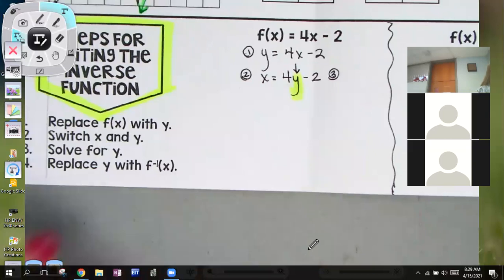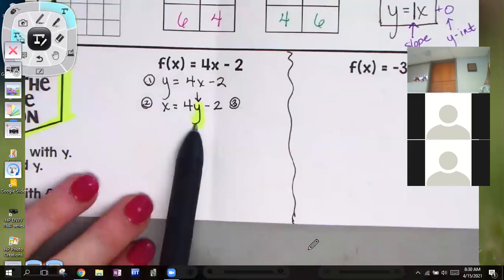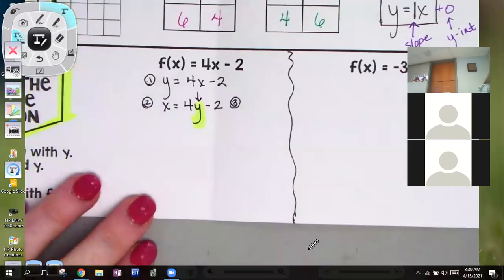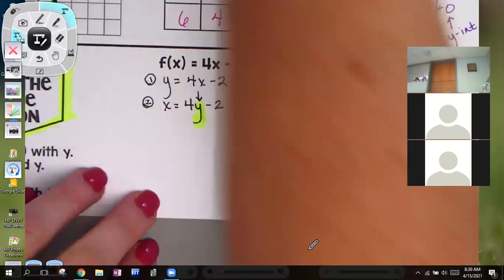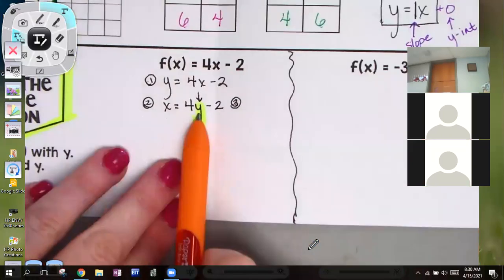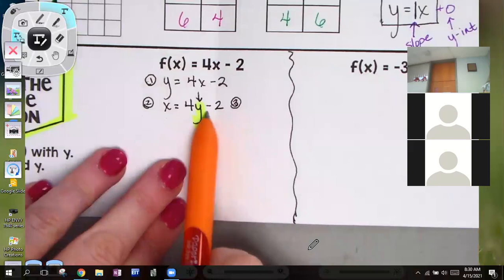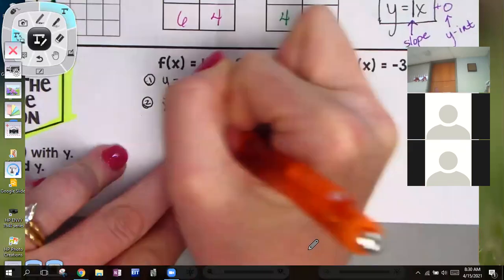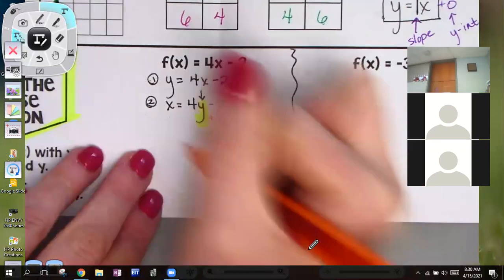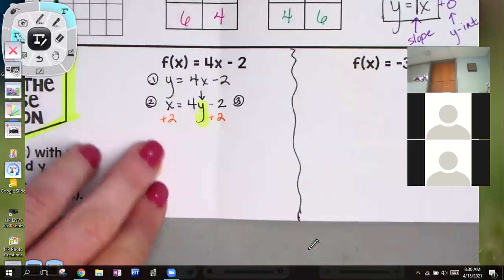In order to do that, you have to do the inverse. When I'm solving for y, I start with the term that is furthest away. Furthest away is minus 2. How do I get rid of minus 2? Add 2. If I do it to one side, I've got to do it to the other side.